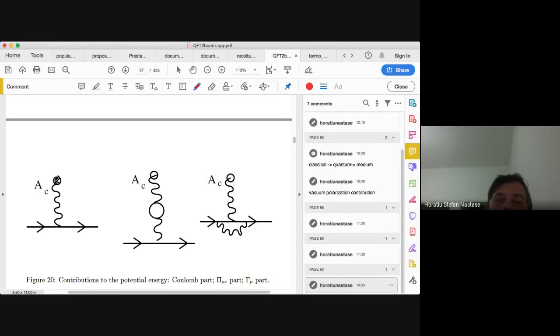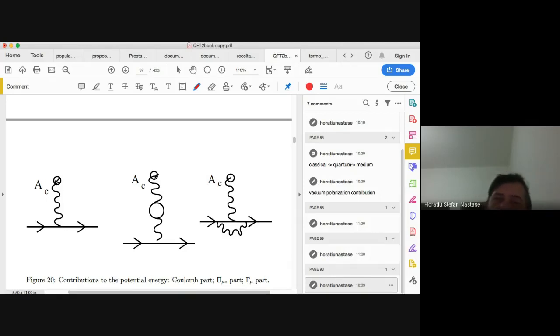So this is something that goes between a nucleus and the electron. So it has to be corrected also, with this correction to the propagator, right? So this is the polarization factor.